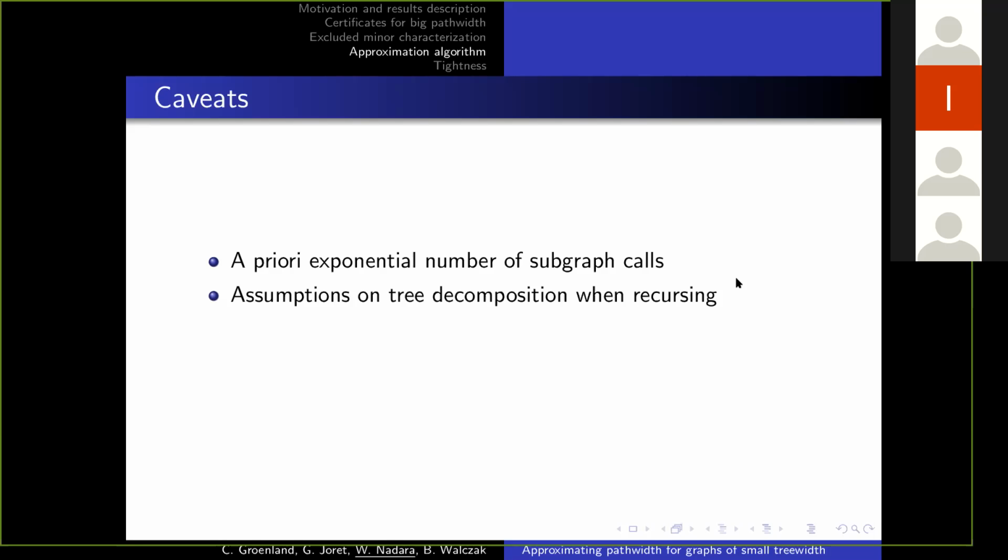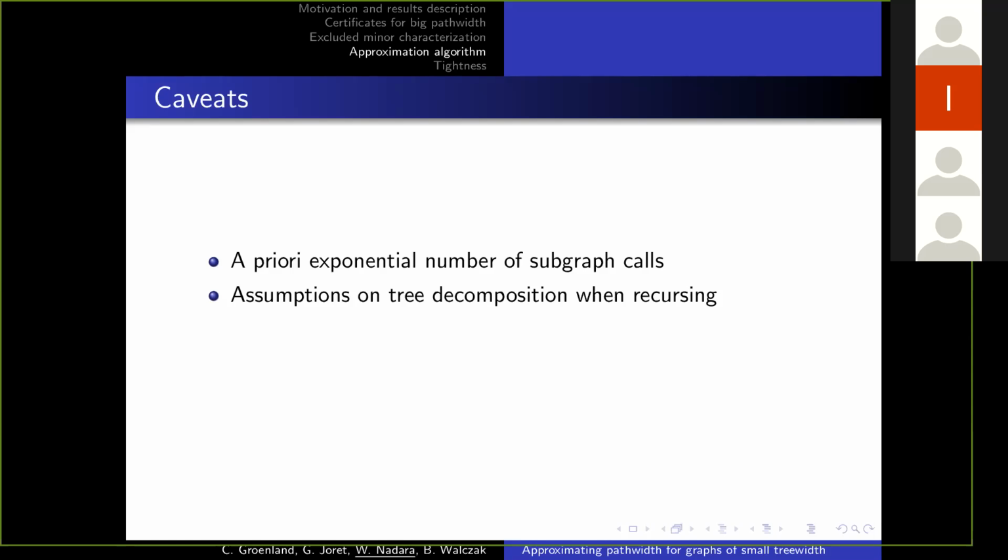Second thing is that if you remember the proof of our excluded minor characterization theorem, we needed a connectedness property of our tree decomposition, and we need it here as well. When restricting to subgraphs, we may need to modify this tree decomposition, even though it could have our property at the beginning.